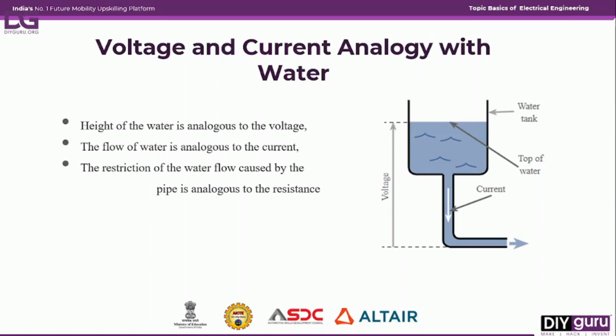That is nothing but the resistance. So from this water analogy you can understand what is voltage, what is current, what is resistance. So this is about the voltage, current and the resistance and Ohm's law.